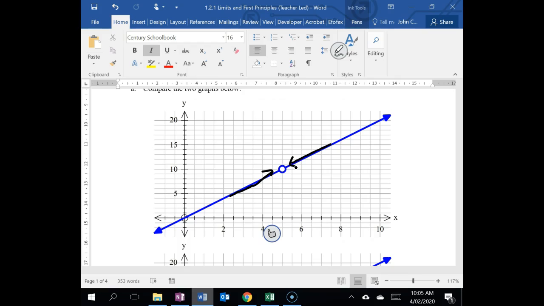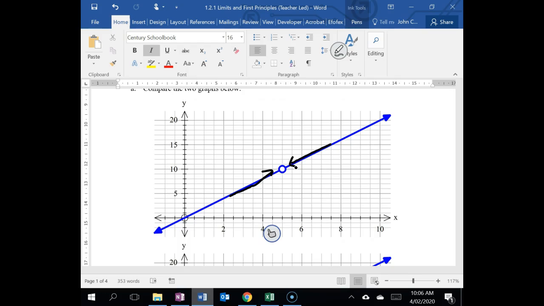Are they still approaching some number? Yes, they are. We don't know necessarily what it is. Substitution doesn't give it to us. But they are approaching some number.